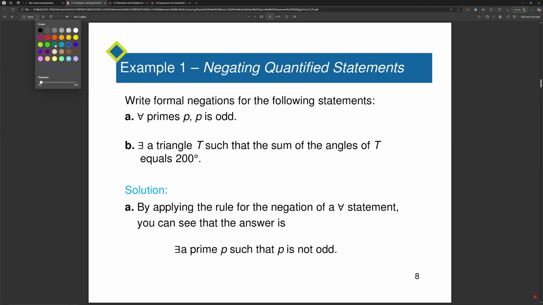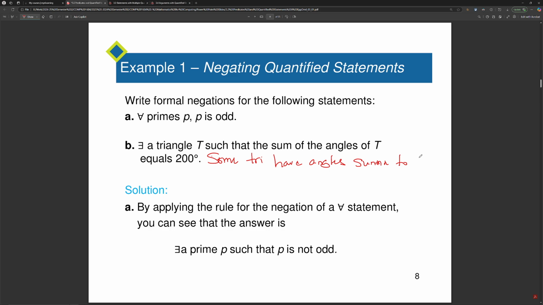So if I wanted to write something like some triangles, I'm just writing shorthand here because I don't have space, have angles summing to 200 degrees, right? What is the negation of this statement here?